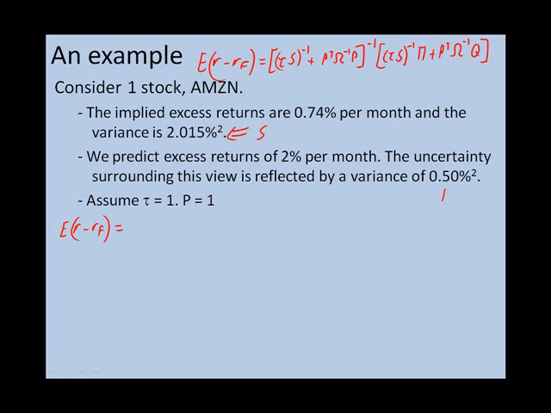We know that omega is equal to 0.5 because that's the uncertainty. And we know that pi is equal to 0.74 and Q is equal to 2.